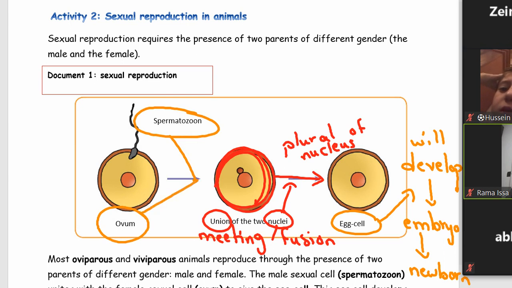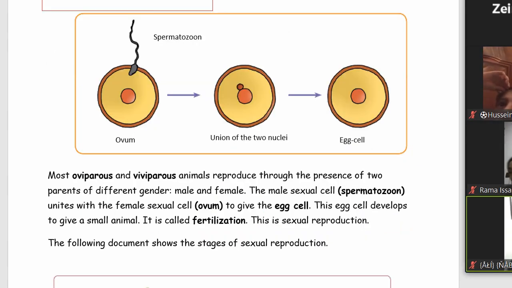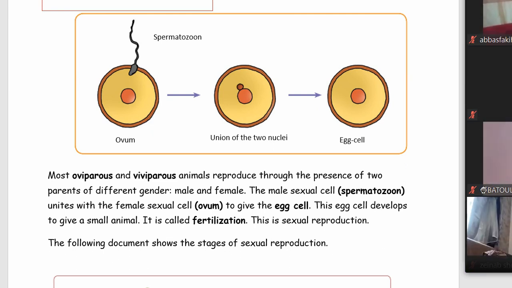When these two cells unite, meaning meet, they produce a new egg cell, and this new egg cell will develop to a newborn or new offspring. So, let's continue now.